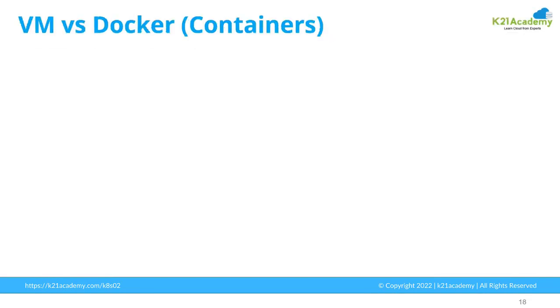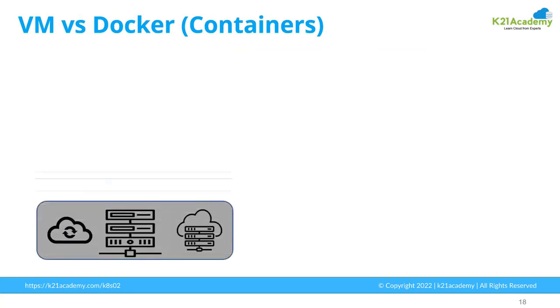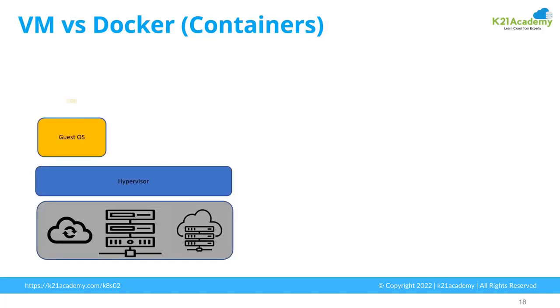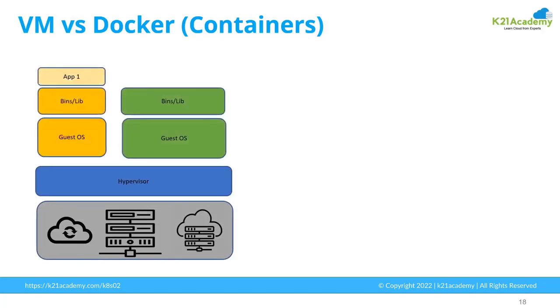Now you might say, hey, we were already running these applications on virtual machines, so why do we need containers or Docker? What is the difference between a virtual machine and Docker, and what is the challenge that containers solve? If you look at it at a very quick, high level, each virtual machine has its own guest operating system. So if you deploy these microservices on their own guest operating systems or their own virtual machines, the application becomes very bulky.